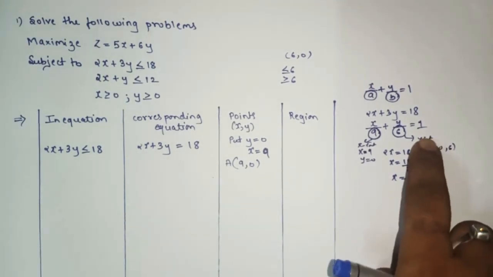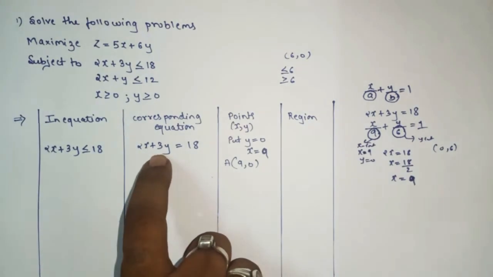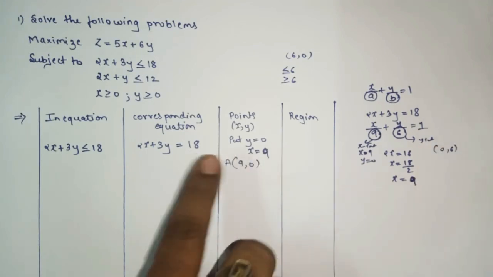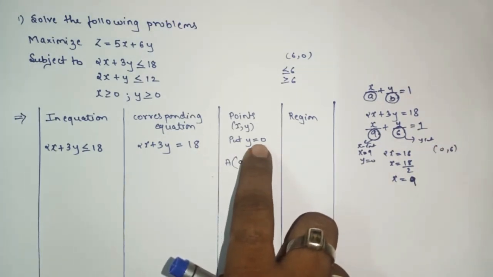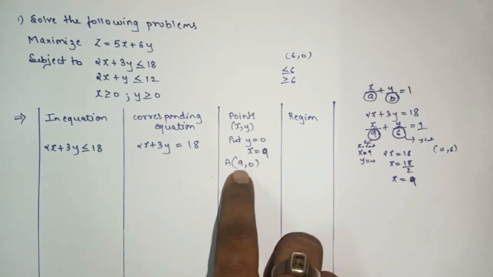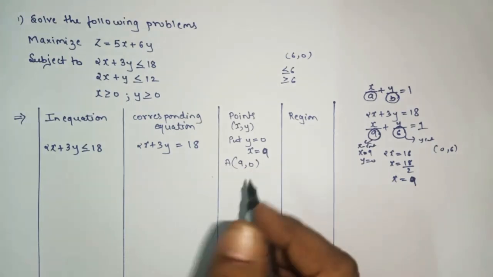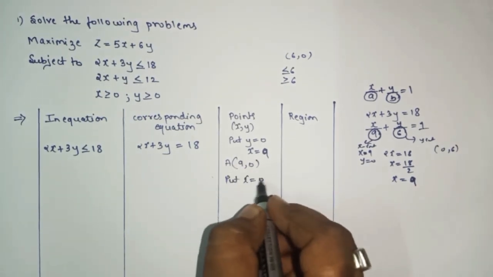So this is the second way, in which you convert the equation into double intercept form to get the values of x and y, or else simply replace the value of y by 0 to get the value of x. Where you get the first point, and in the second case you replace the value of x by 0.